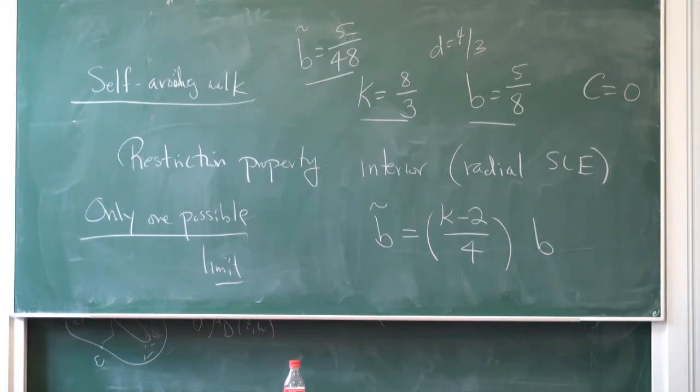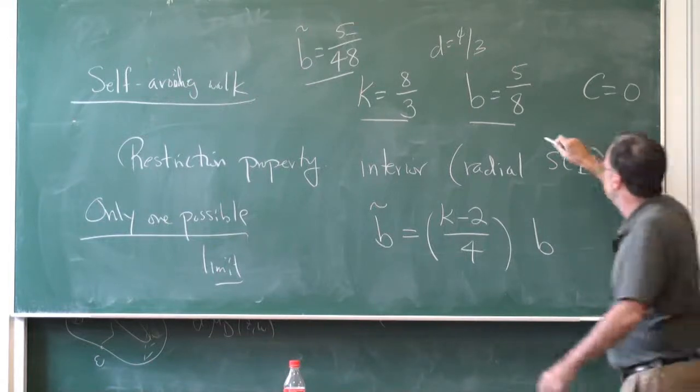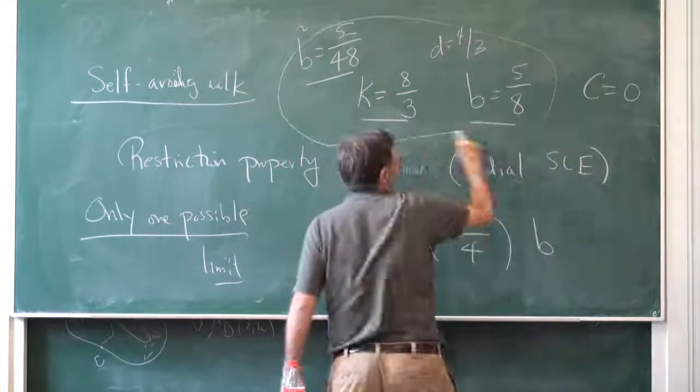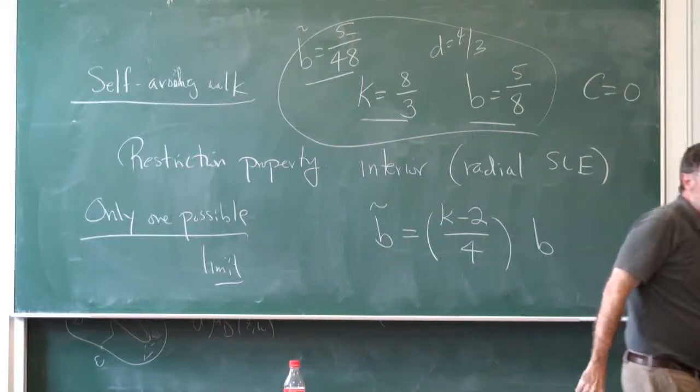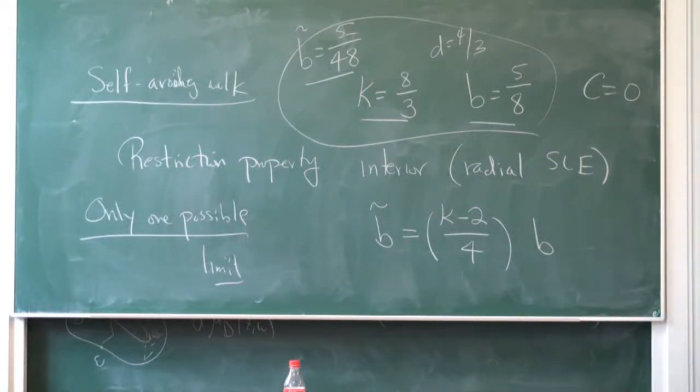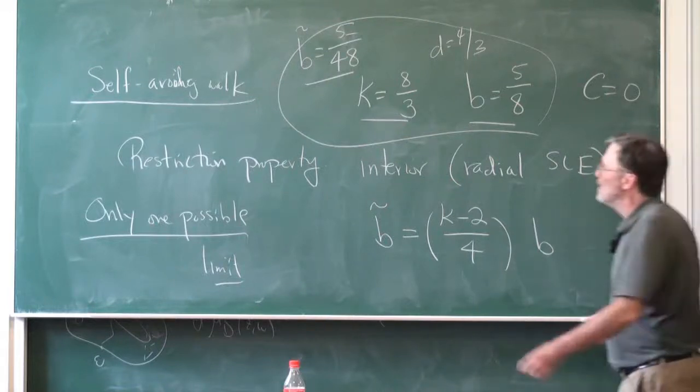All of the exponents you can get for the self-avoiding walk, if we make these assumptions, will be able to be computed from these numbers. And, thank goodness, computer simulations very much agree with these things. Okay, so that's the main story.